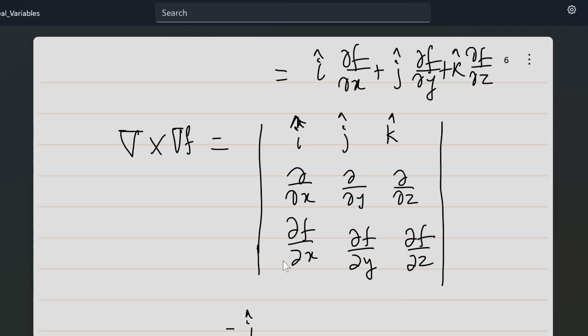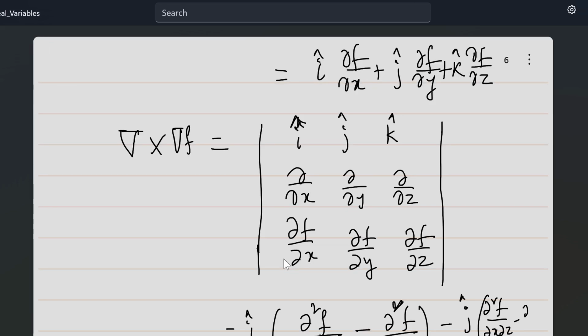So it is i into, I am writing directly, del 2f del y del z minus del 2f del z del y, fine, minus j into del 2f del z del x minus del 2f del x del z, plus k into del 2f del x del y minus del 2f del y del x, something like that.